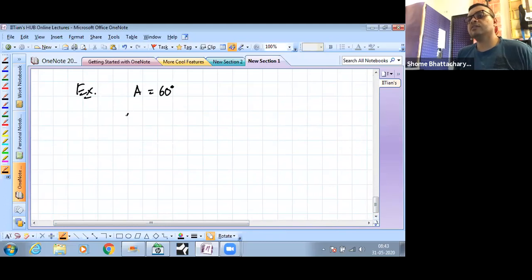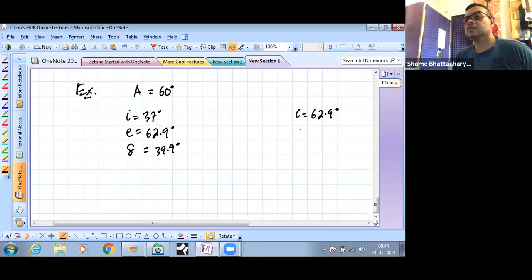In one case, we had angle of incidence equal to 37 degrees, so the angle of emergence came out to be approximately 62.9 degrees, and the deviation came out to be 39.9 degrees. But in another case, if we keep the angle of incidence equal to 62.9 degrees, the angle of emergence will come out to be 37 degrees, and the deviation will be the same.